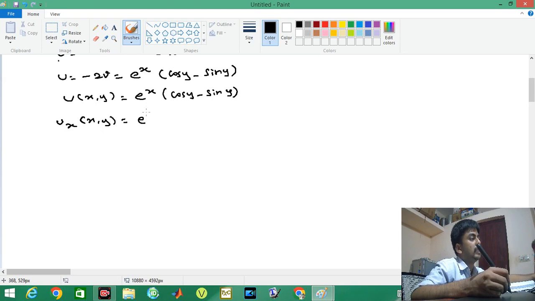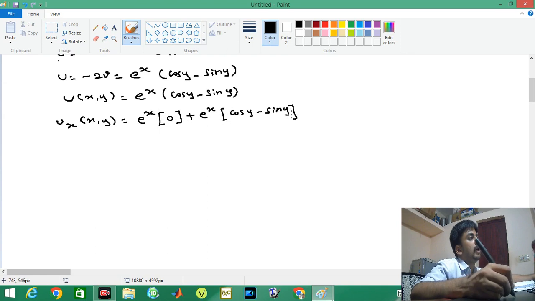So u v dash will become 0, plus v u dash, which is e power x into (cos y minus sin y).